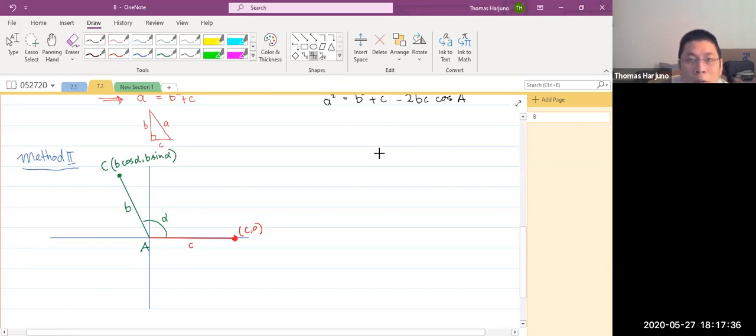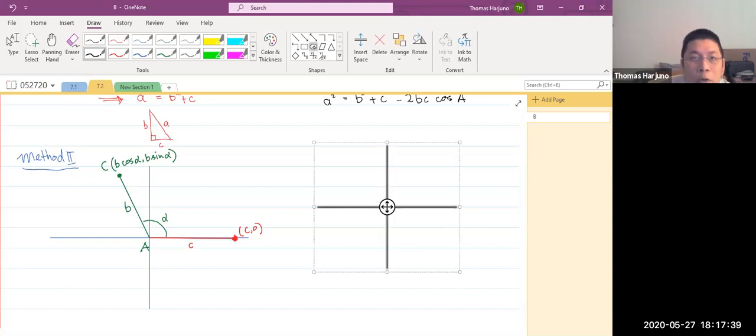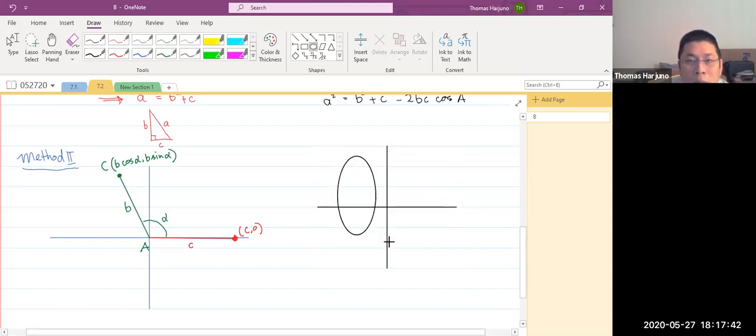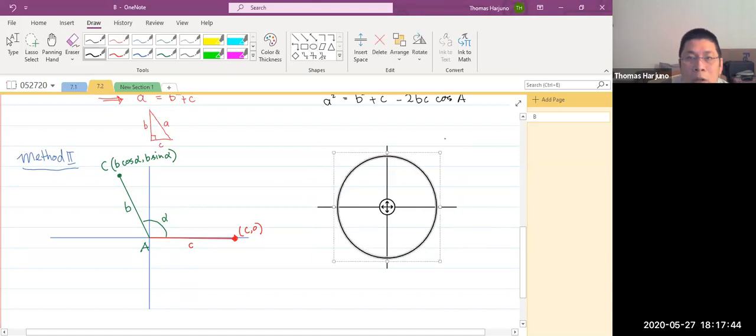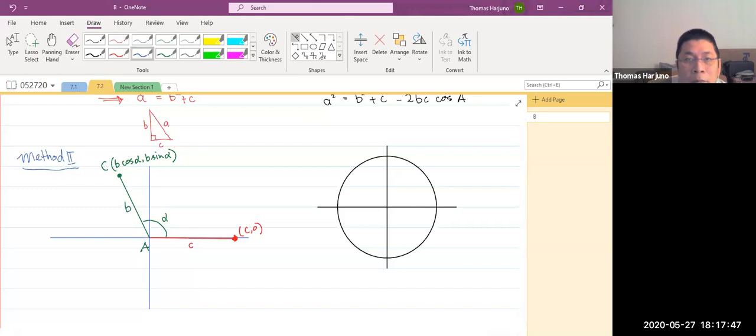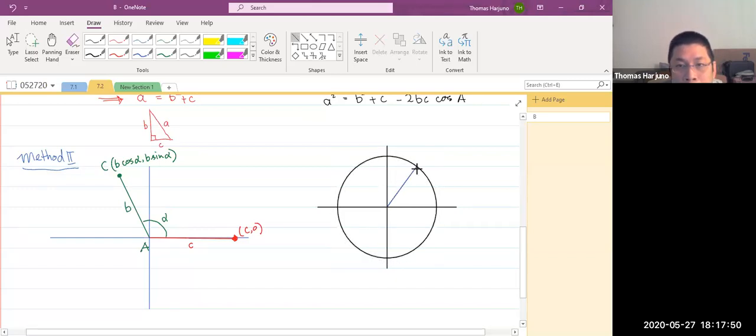If I have a unit circle, and any point on the unit circle, and the angle in standard position is theta, then the coordinate here will be (cosine theta, sine theta), of course with radius 1.